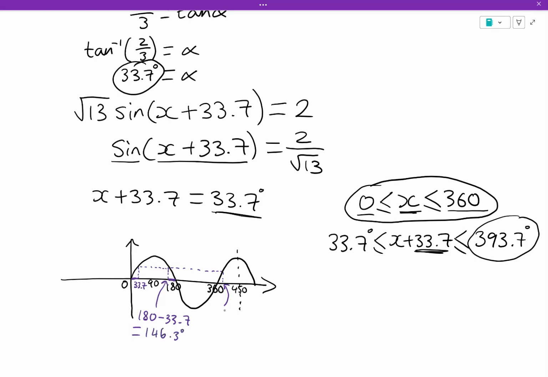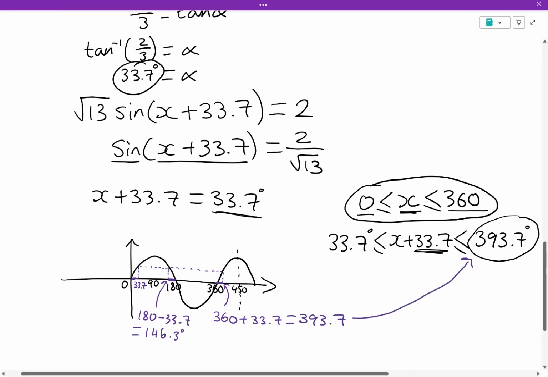And then for the angle over here on the right, this gap in here should be the same as the 33.7. So I would need to do 360 plus 33.7. And that would give me 393.7, which is indeed within my range here. It's right on the limit.